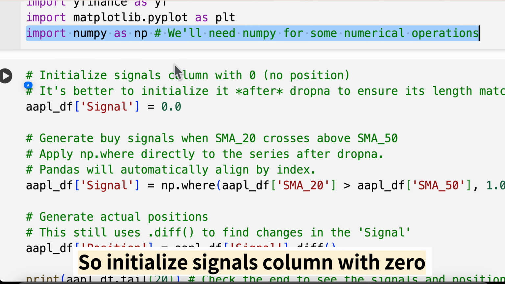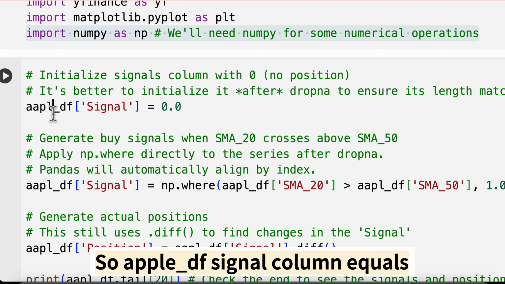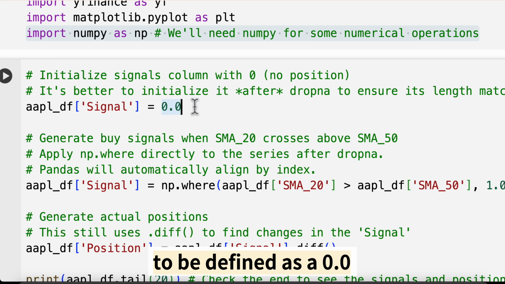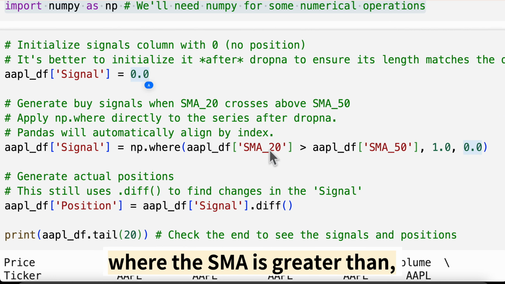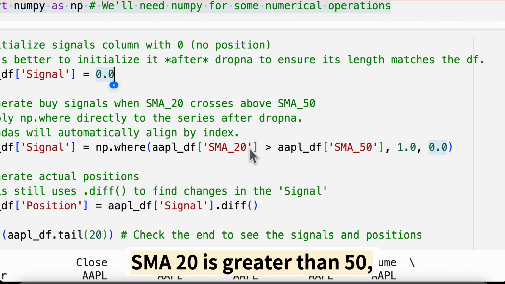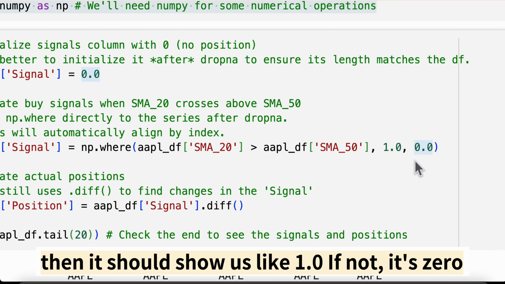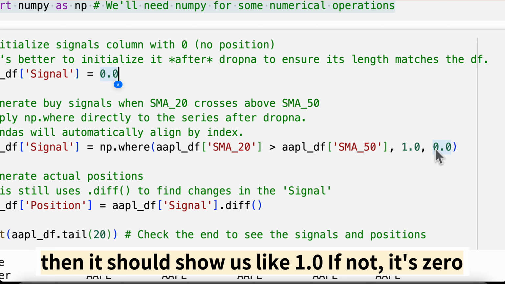Initialize the signal column with 0. So apple_df signal column, we define as 0.0. Then apple_df signal equals numpy where SMA 20 is greater than SMA 50, then it should show 1.0. If not, it's 0.